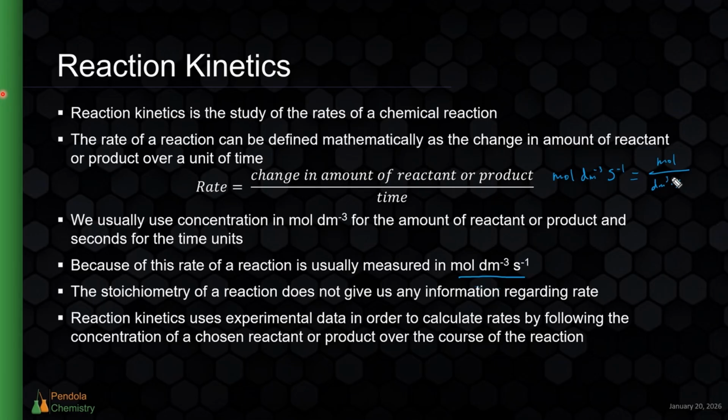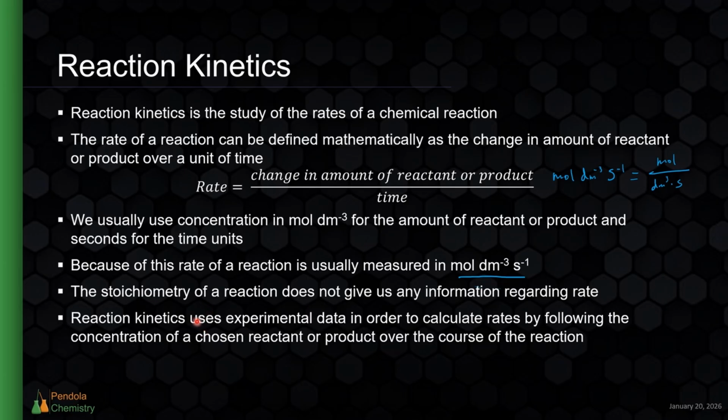The stoichiometry of the reaction is not going to give us any information as to how that rate is going to change. The stoichiometry of the reaction can give us information as to how the rates compare between different reactants or different products, but not about the rate itself for the reaction.